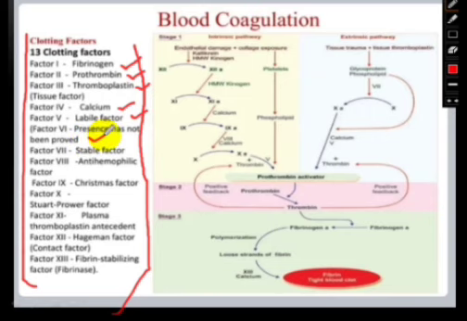Factor 6 is what? Presence has not been proved. So that is what you write in the exam. Factor 6 is what? Presence has not been proved. That's what you will tell us.